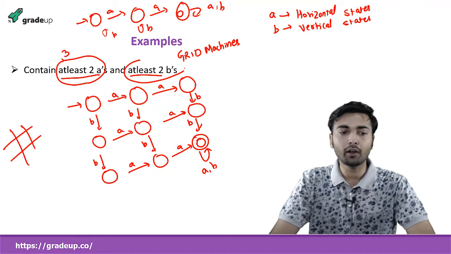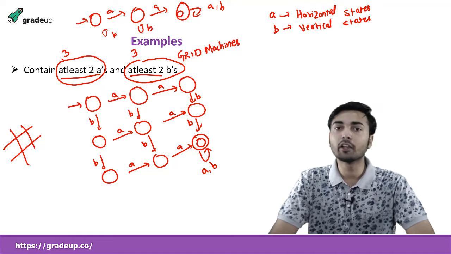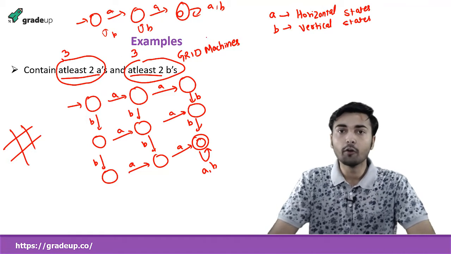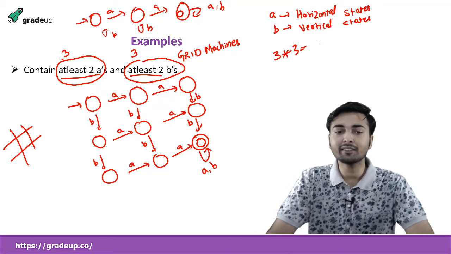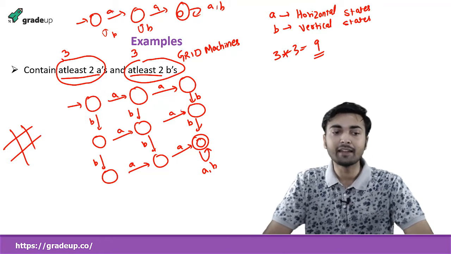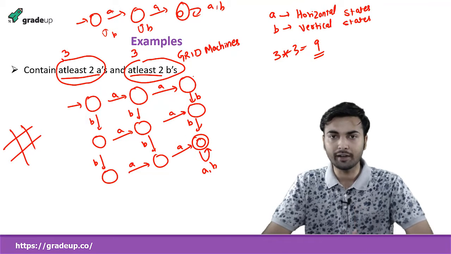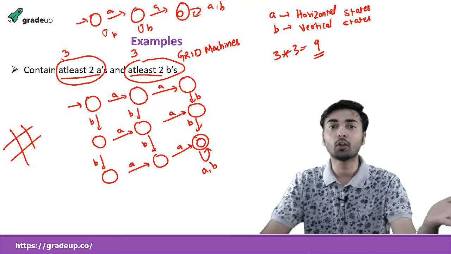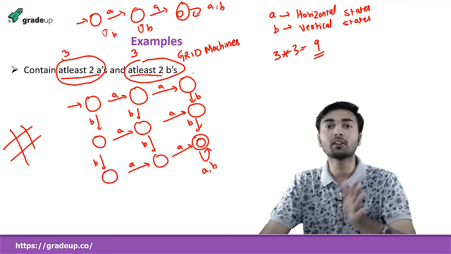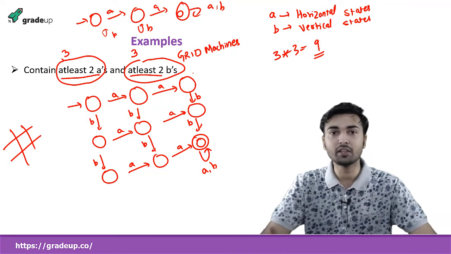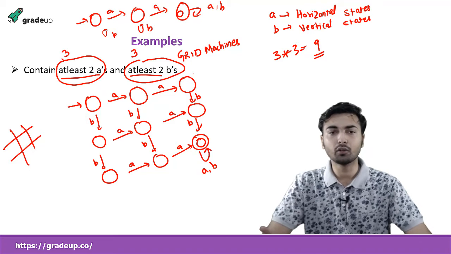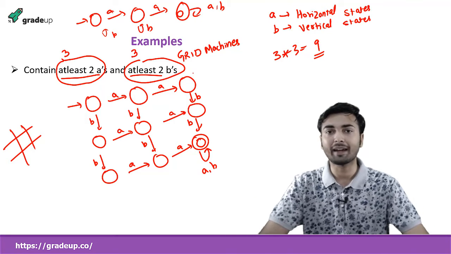Similarly, if you draw for at least 2 B's, it will also require 3 states. Now, for product automata, it will require 3 into 3, that is 9 states. See here, 9 states are there. Got it? So that's why I call it product automata. You will take the product of the languages. Clear? Any problem in this grid machine? It is a basic thing you require to draw all other product automata.